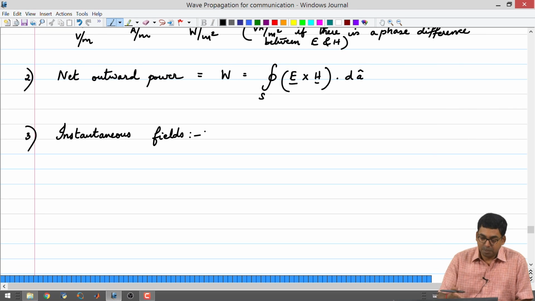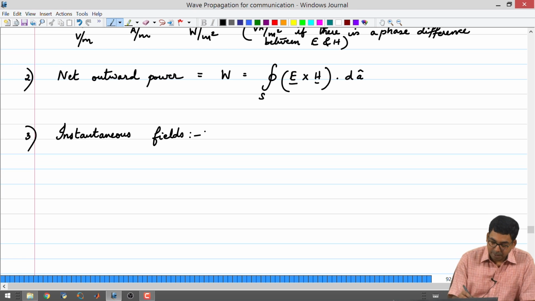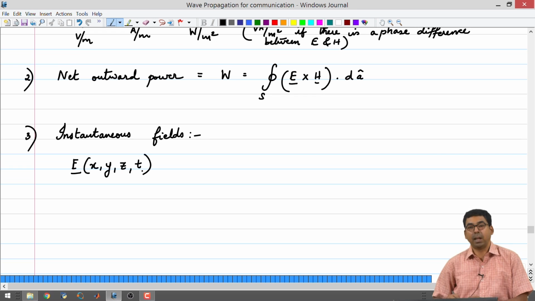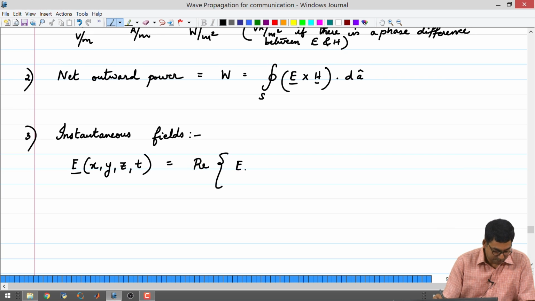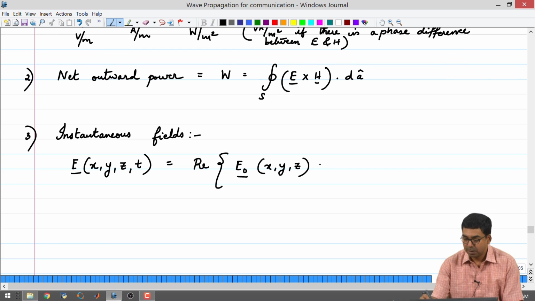So, when we talk about instantaneous, this means that you are going to be writing down the electric field, which is a function of position x, y, z and time. So, 3 space variables and 1 time variable, and we are simply writing this down as the real part of E naught, which is a function of x, y, z spatial variables, and I am also including the effect of time where it is periodic with respect to time.